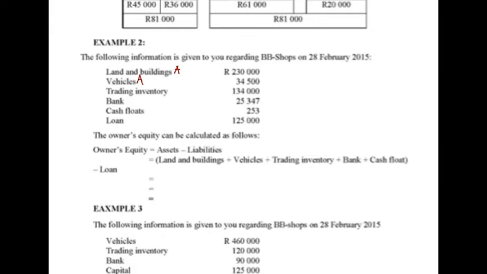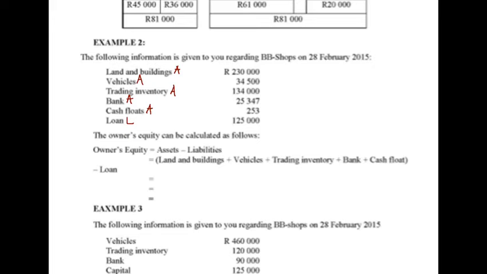Trading inventory, you may also have known it as trading stock. That's also stock that the business bought to resell later, so it belongs to the business as an asset. Bank, money in the bank account, known as an asset. Cash float is the money that goes into my tills, and it also belongs to the business, so it's an asset. Loans, that's a liability.